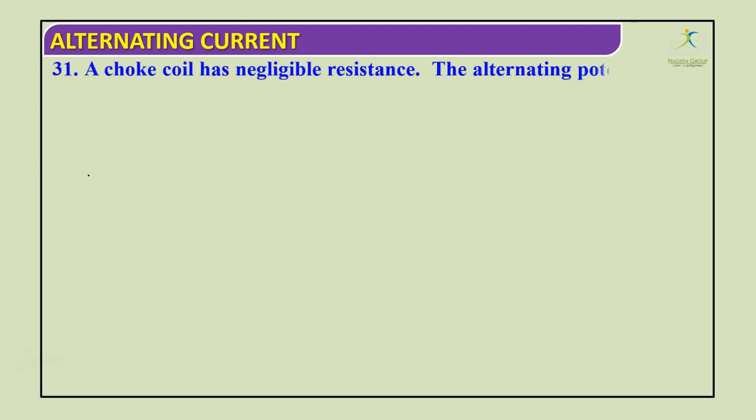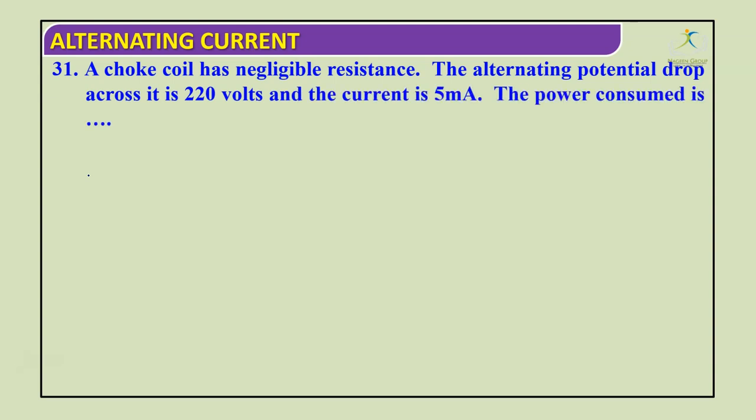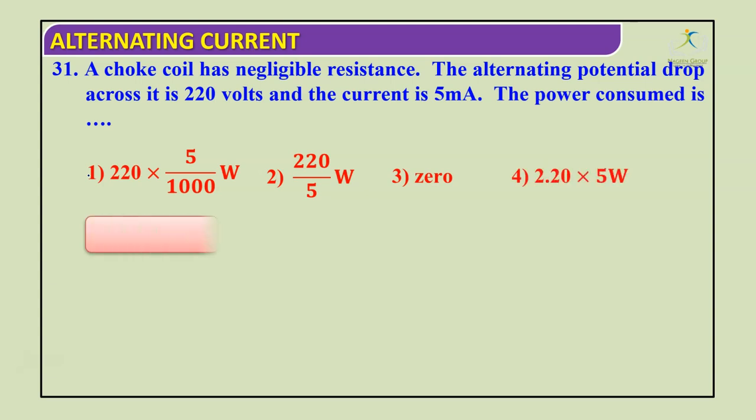Next question we have, a choke coil has negligible resistance. The alternating potential drop across it is 220 volt and the current is 5 milliampere. The power consumed is: 220 into 5 by 1000 watt, 220 by 5 watt, 0, 2.20 into 5 watt.